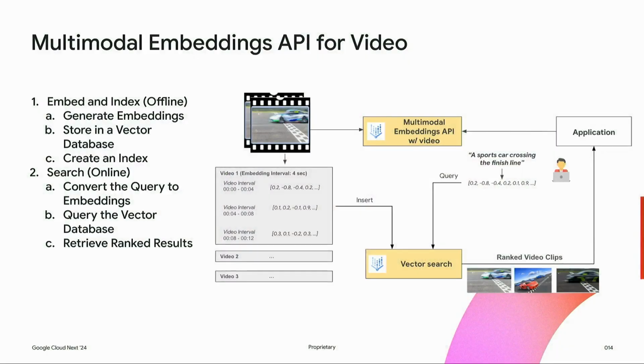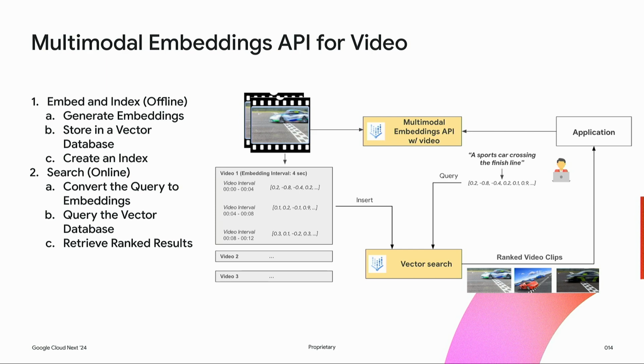Now, let's go a step further: multimodal embeddings for video. In this case, just like you did for text and image, you would embed all your video in a vector DB, and then whenever you want to have any semantic search on top of this video, you would again embed that query using the multimodal API into embeddings, and then compare it with your vector DB, right?